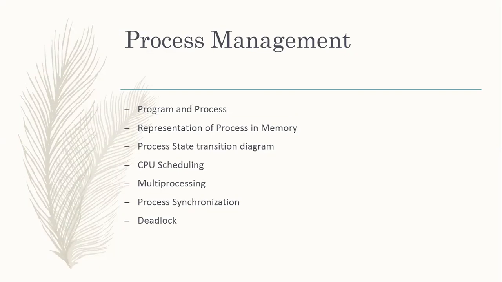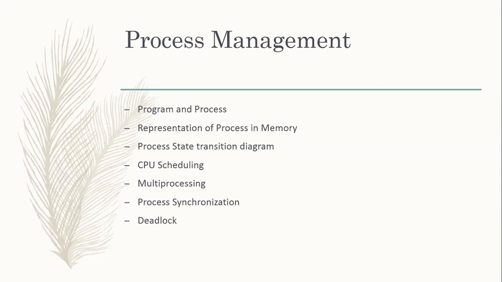Then, after completing that representation aspect, we will move to the state transition diagram, meaning how processes move from start to end, or how they perform their journey from start to completion. What are the different states they move through? We are going to study all of that in the process state transition diagram.